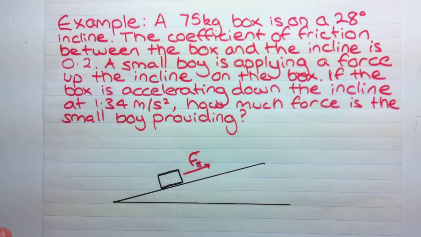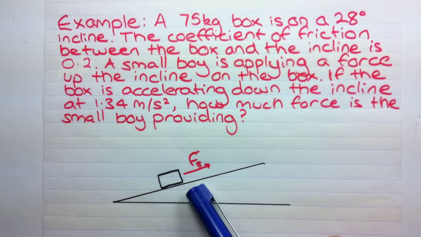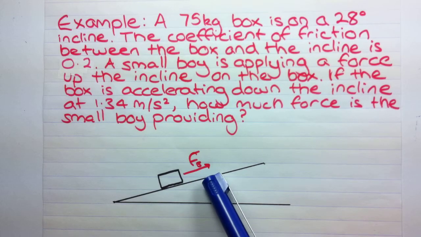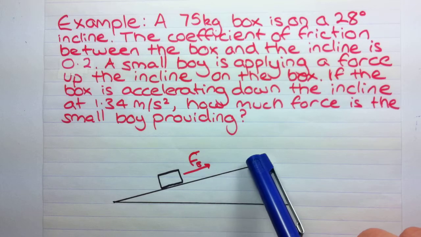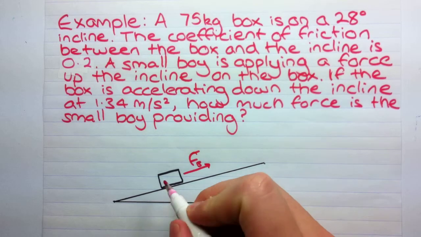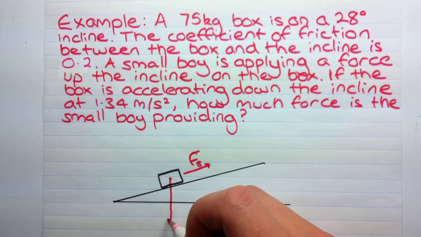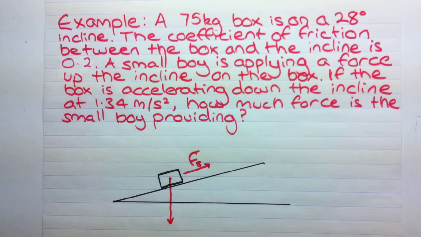Right, so I've drawn basically what this looks like, a block on an inclined plane, the force of the boy pulling the box up the plane. Let's draw a few more things. We know the weight force goes straight down. I'm going to draw that big so it's nice and neat.